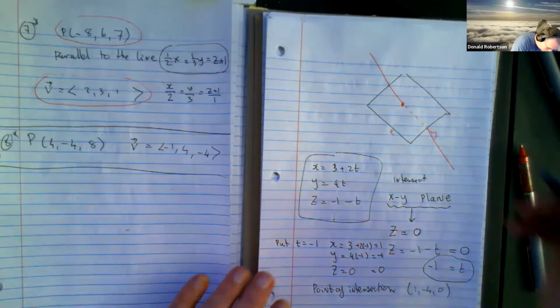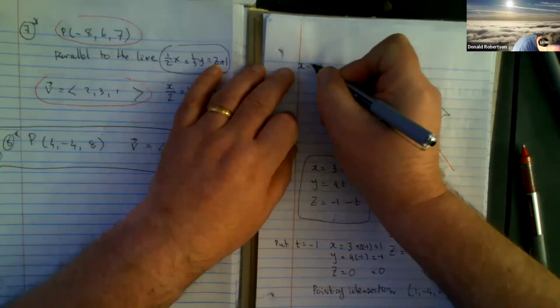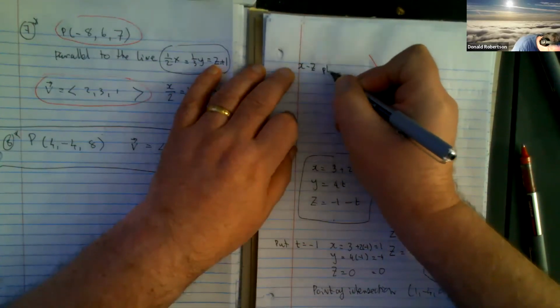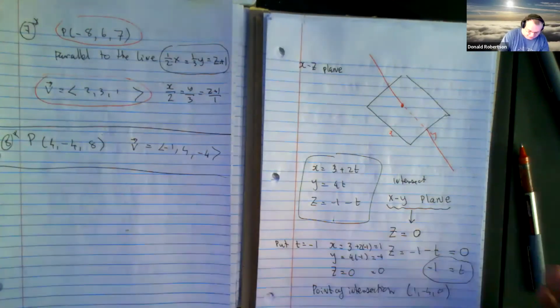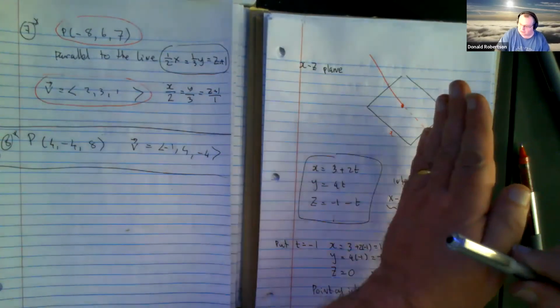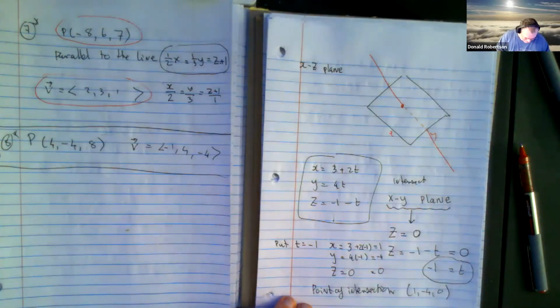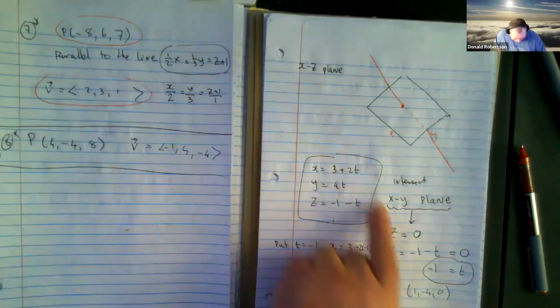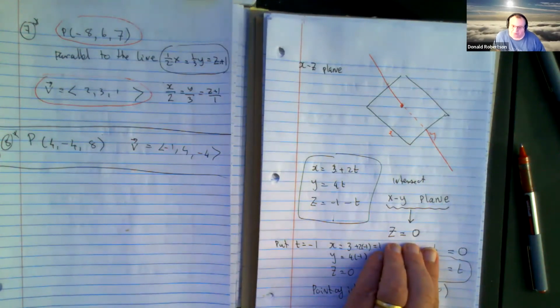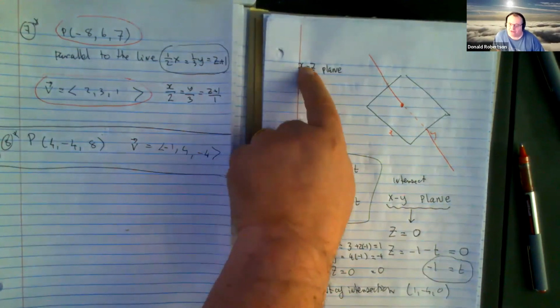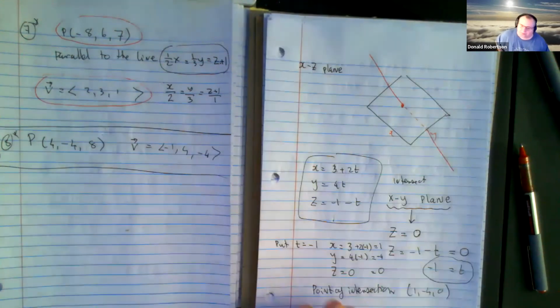Suppose I wanted to know where it crossed the XZ plane, because that would happen as well. Can you imagine a vertical wall? The straight line would hit it somewhere. If the XY plane is the same thing as the Z coordinate being 0, what is the XZ plane the same thing as?